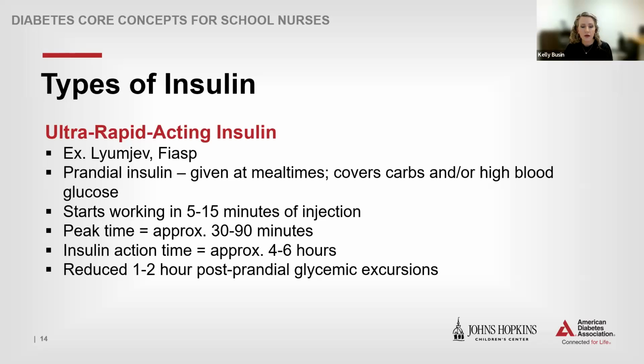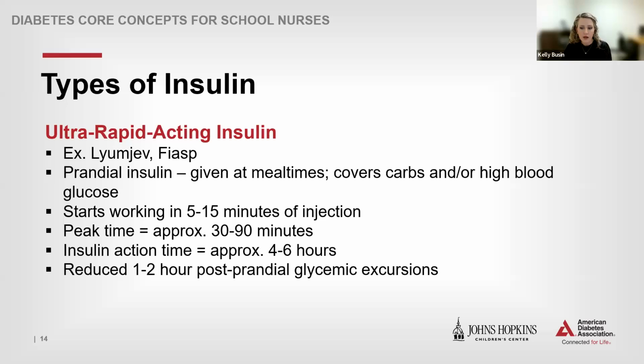So the biggest consideration if you have a student using ultra rapid acting insulin is the premeal bolus timing, because a student really might only need to receive their insulin 5 minutes before they start eating when they're using this insulin. Of course, that is provider and DMMP specific, but it might require the nurse to get a little bit creative about how they're going to administer this insulin during the school day, especially if the student doesn't typically eat right away, or maybe they need to buy lunch and wait in line, or they have a long walk to the cafeteria.